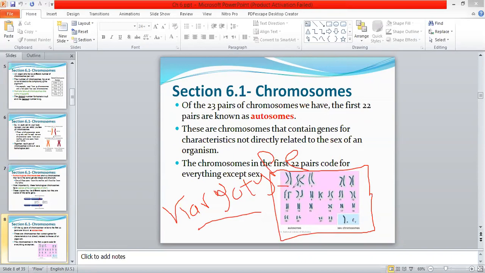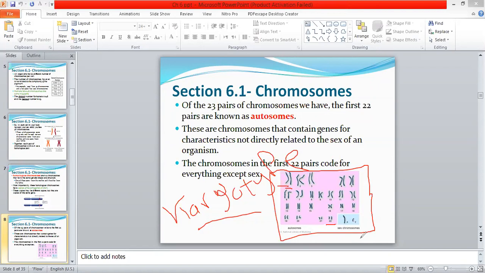Okay, so the first 22 chromosomes are called body chromosomes, from number 1 till number 22. They are called body chromosomes or autosomes. The first 22 chromosomes, autosomes, carry the traits about the body cell.